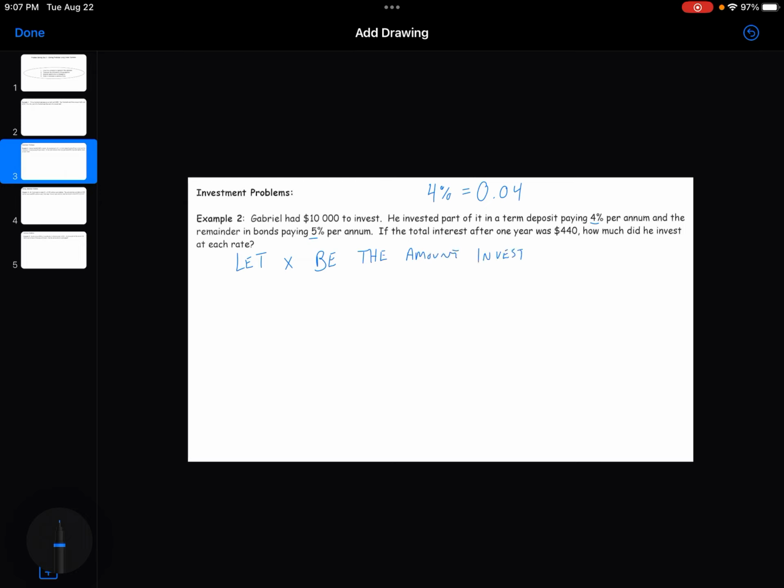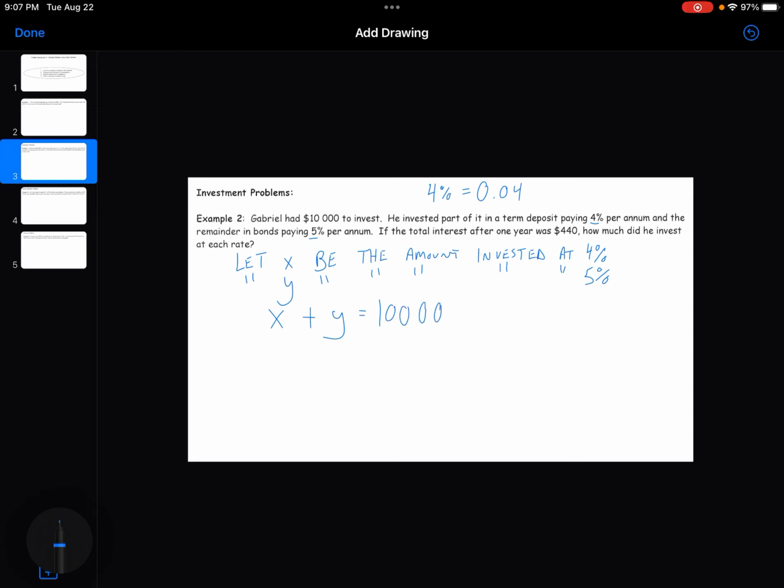let X be the amount invested at 4%. And let Y be the amount invested at 5%. So we know we've invested X plus Y. That's all of the money. That's $10,000.